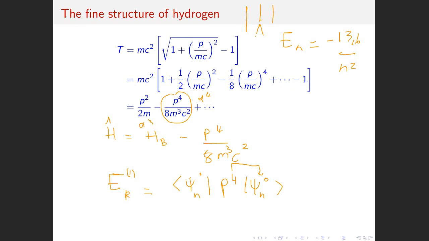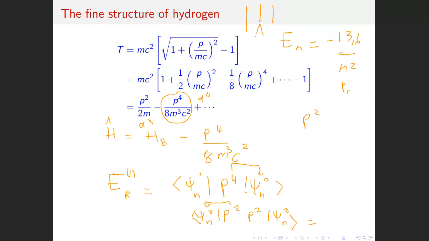But unfortunately, or fortunately for us, you can check that P squared is Hermitian. I think P_r is the one that is not Hermitian, but P squared is Hermitian. So you can write this as P squared psi_n0 with P squared psi_n0, right? Because this is Hermitian, it can add there. The other one, you can leave it as it is.